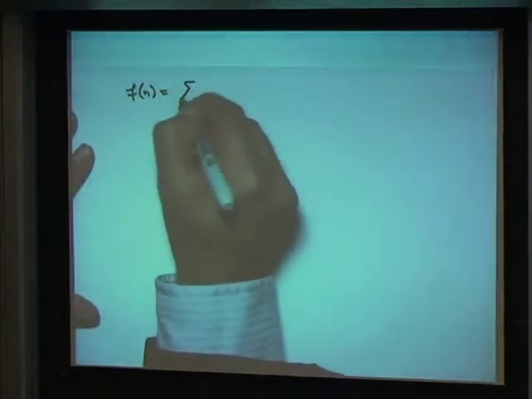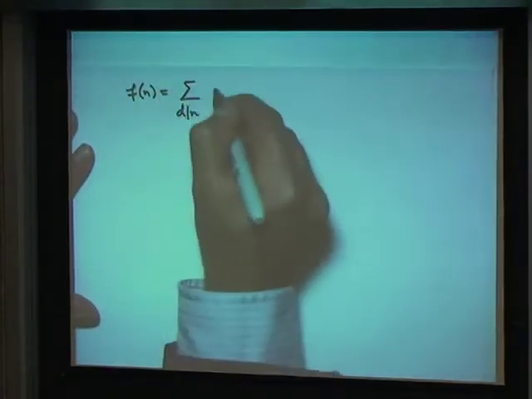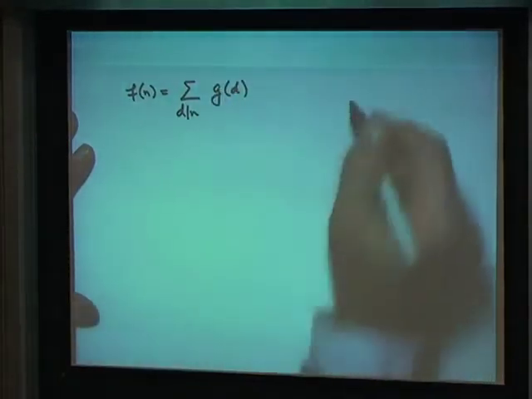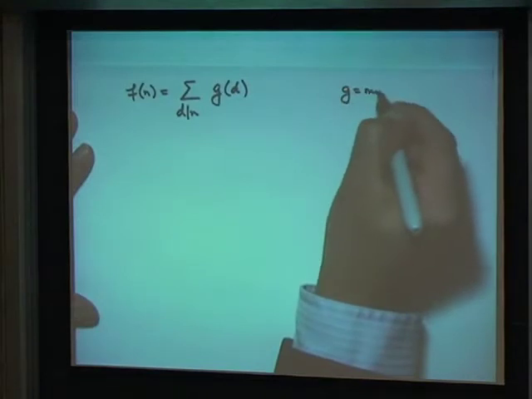Well, what would we like to say? Let me do a calculation which really doesn't make sense, but we can pretend that it does. One thing I can do is write f(n) as a sum over the divisors of n of some other multiplicative function g(d).